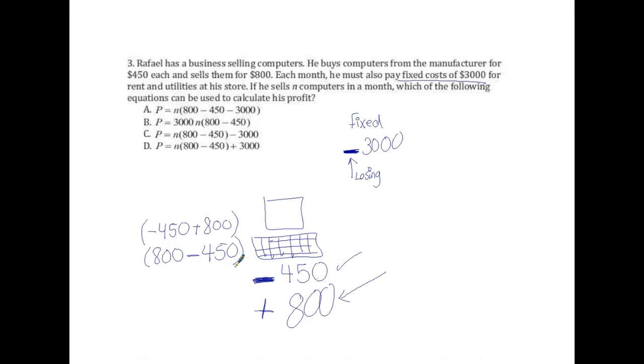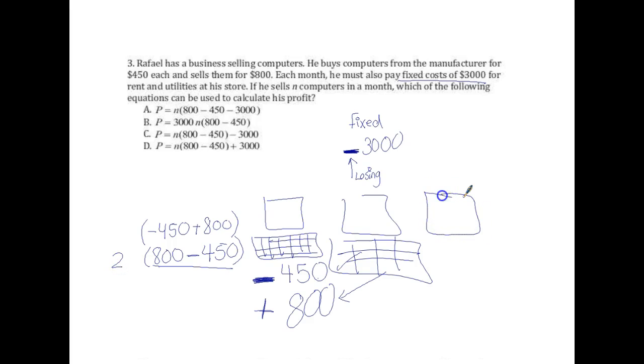What if I have two computers? All I gotta do is repeat the process twice or multiply this value by 2. What if he has 3 computers? We need to multiply the value by 3. 4 computers.